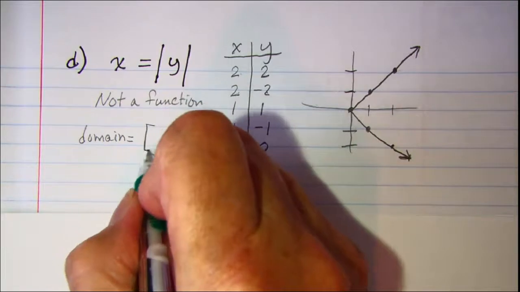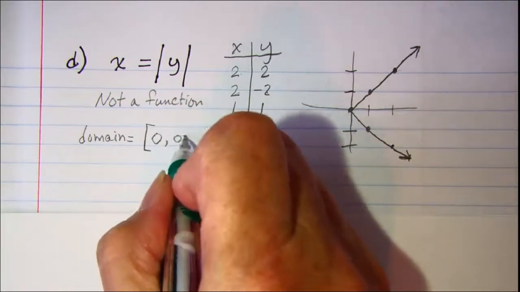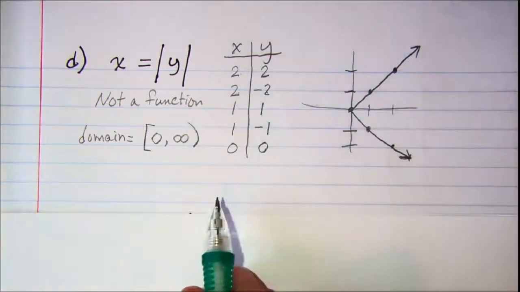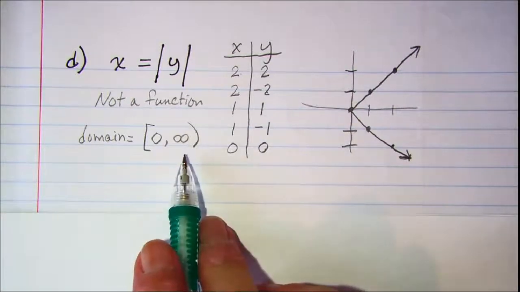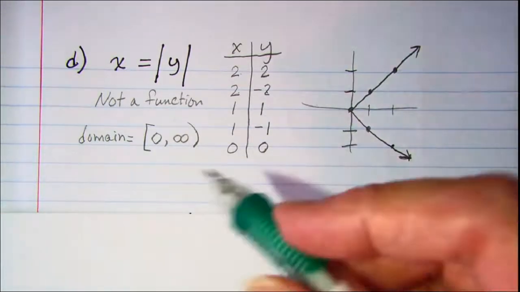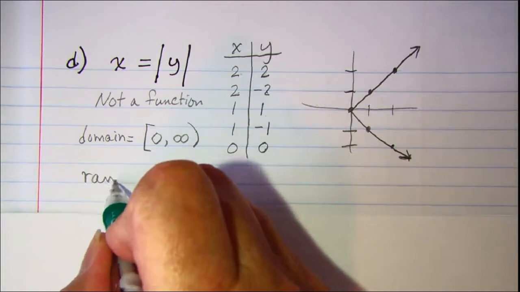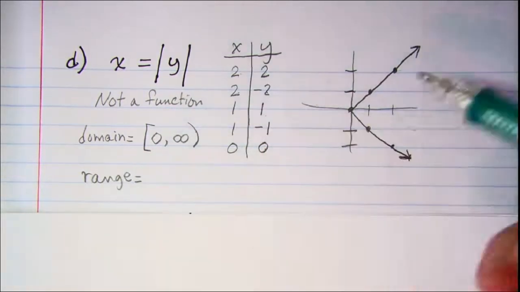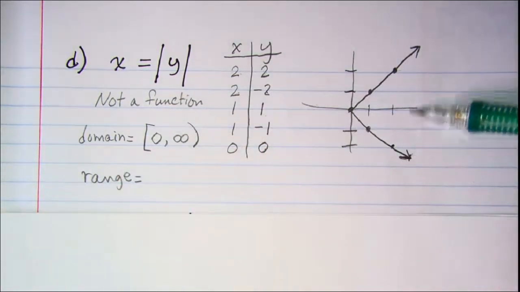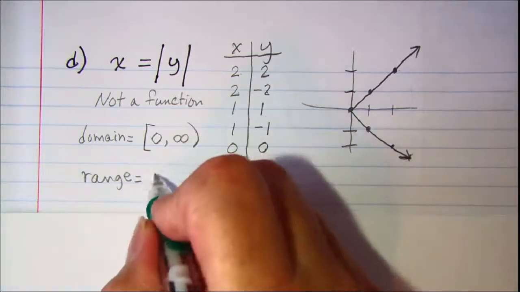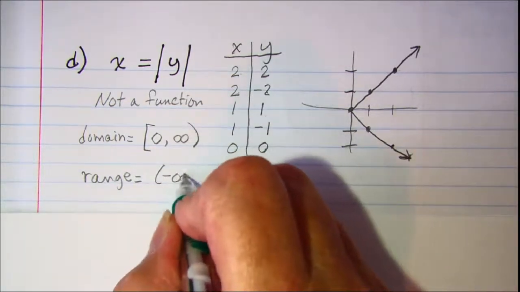So 0 is included. And we go to infinity. Our range goes forever down and up. So that's all real numbers.